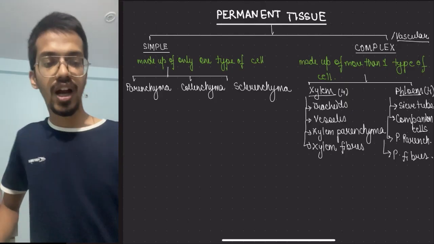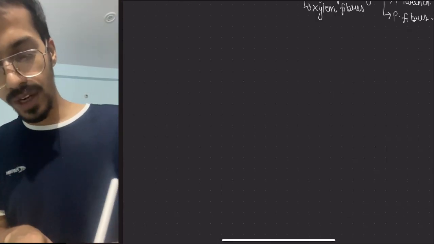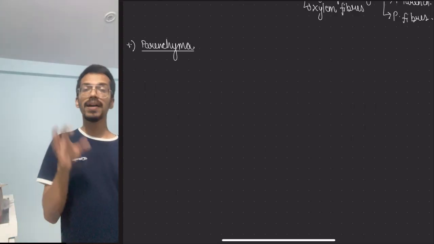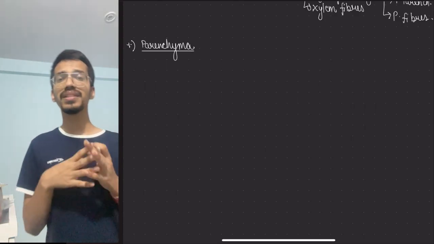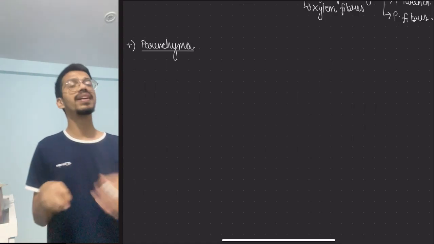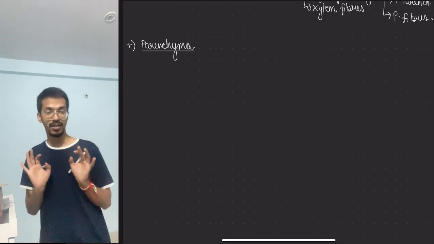Okay, let's start with the simple tissue. So number one tissue that we will be talking about is the parenchyma. Parenchyma is the most abundant tissue and it has modifications present in the plant body.